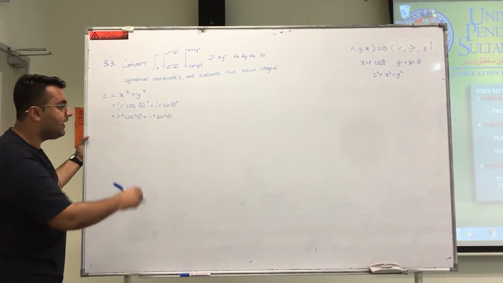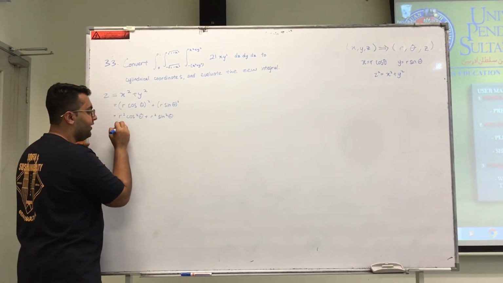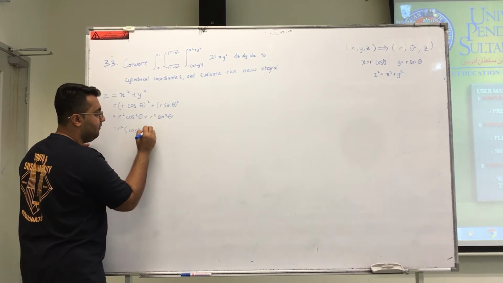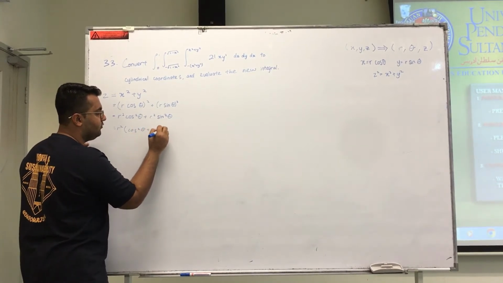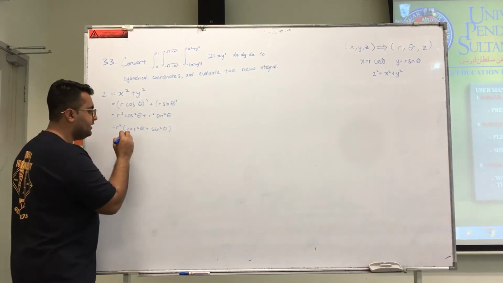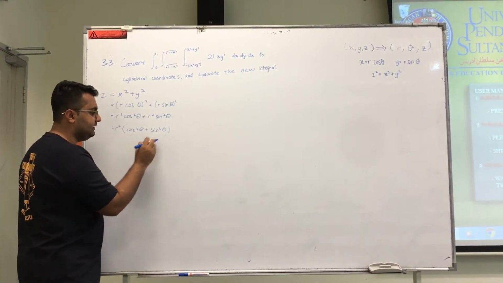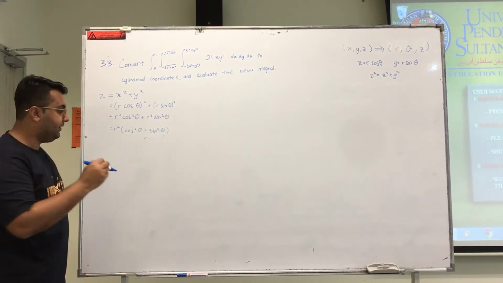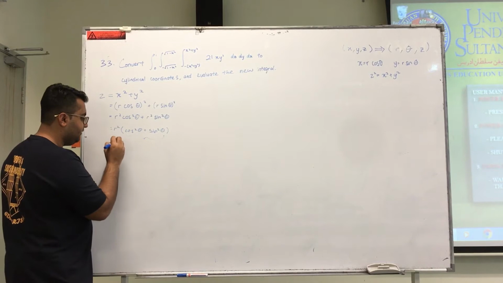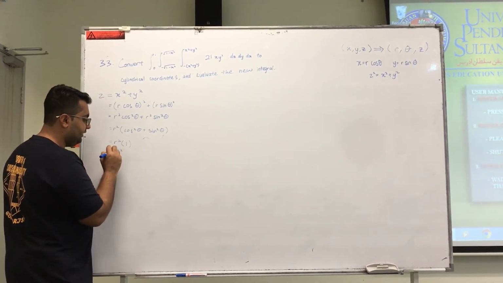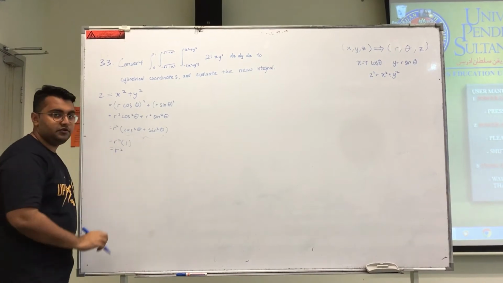At this moment, we can factorize r squared (cos squared theta plus sin squared theta). As we all know, using trigonometry identities, cos squared theta plus sin squared theta is equivalent to 1. Here, we will be getting 1, and we got the upper limit of z is r squared.